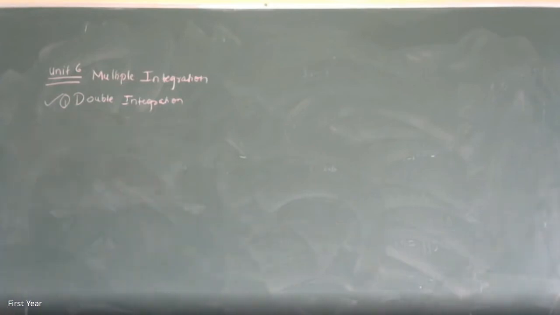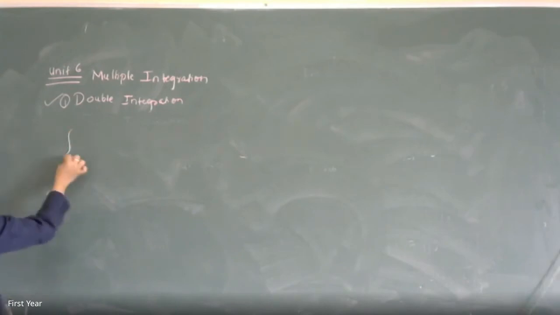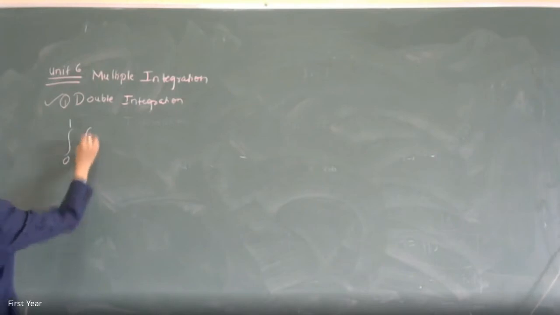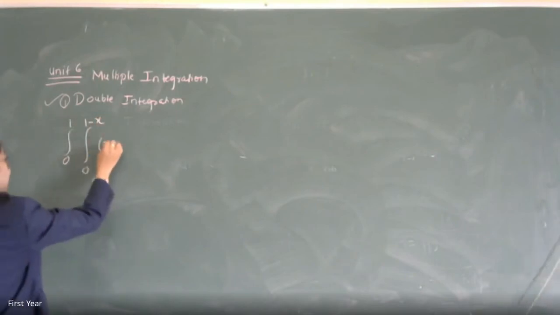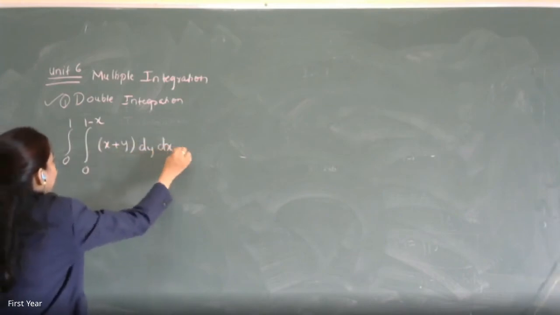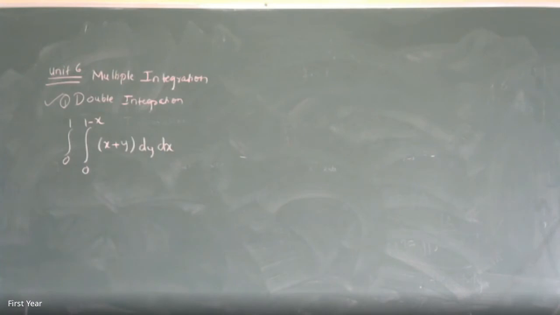The first question is: evaluate the integration from 0 to 1 and 0 to 1 minus x of x plus y dy dx. Now, if you want you can draw the diagram, or directly, since everything is given to you, just do the integration with respect to the first variable and then the second variable.